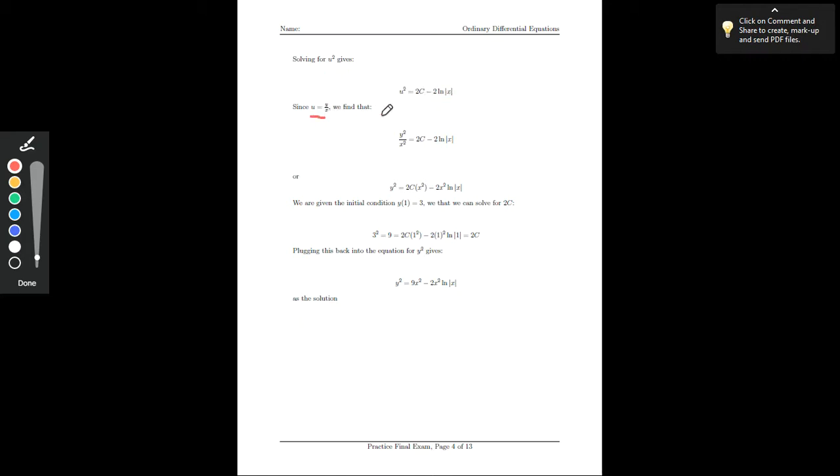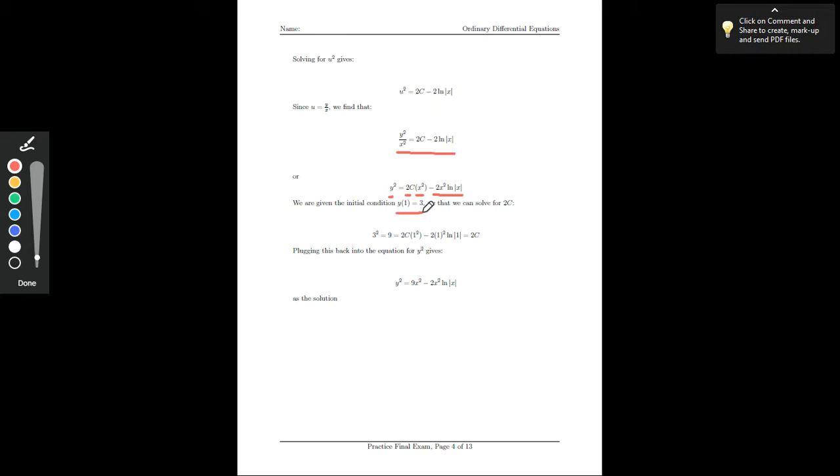Since u is y over x, we just replace u squared with y squared over x squared. That means y squared is equal to 2c times x squared minus 2x squared times ln of x. That's just multiplying both sides of this equation by x squared. What are we given?